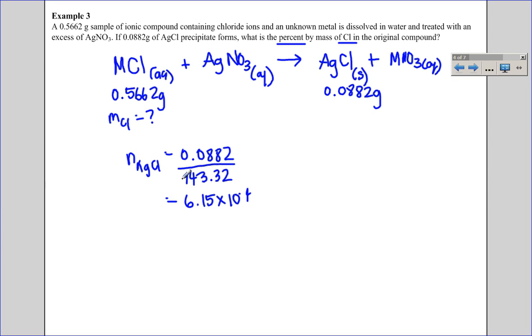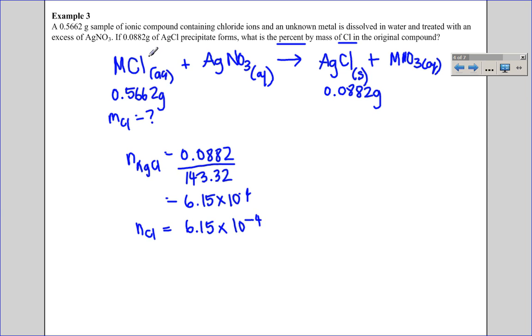Now the moles of silver chloride that I produced is also equal to the moles of chlorine, because there's a 1-to-1 ratio. For every mole of silver chloride that was produced, there is 1 mole of chlorine. And all of the chlorine that is trapped in the silver chloride precipitate was sourced from this compound.